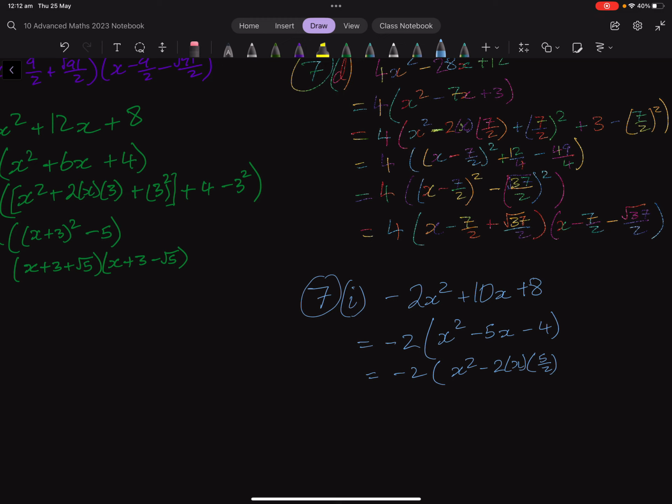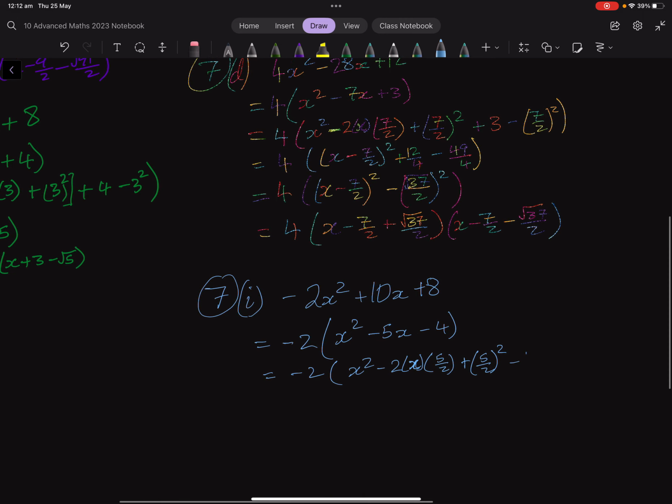That's what I need to multiply 2x by to end up with 5x. To complete the square, I've got to add that last term, 5 over 2, and square it. My negative 4 is still there, and I'm not allowed to cheat, so I've got to subtract the 5 over 2 all squared.